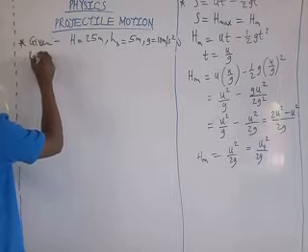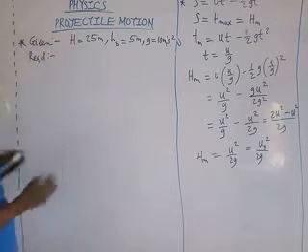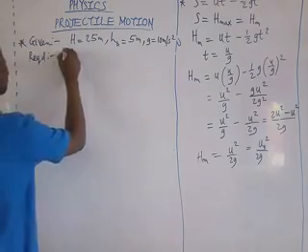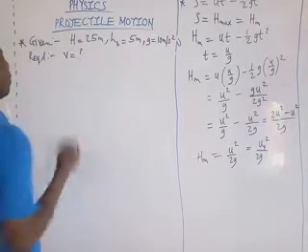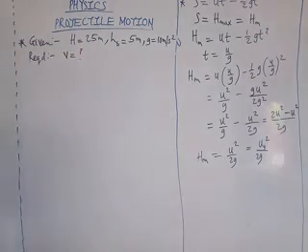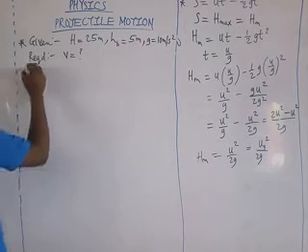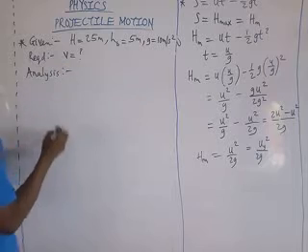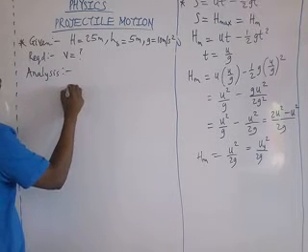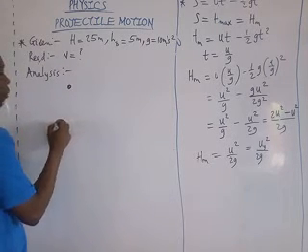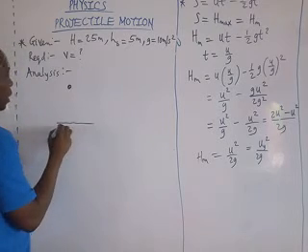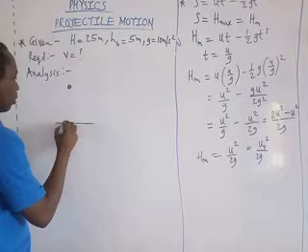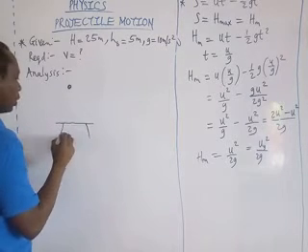The question is asking us to calculate the velocity with which the body strikes the roof. That should be our final velocity. Now, analysis. This is more or less like a picture of what we have. That's the height of the object. This is more or less like the building. I'm just trying to sketch.